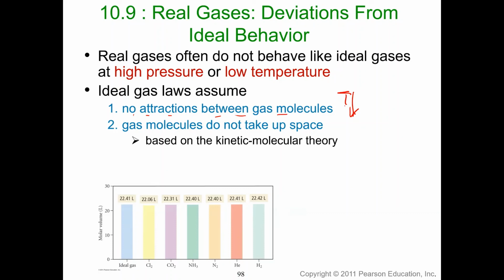And if that attraction is there, therefore the real pressure you expect to be what? Less than what? Ideal. Pressure goes down, right? Because they're attracting each other. Now, the gases typically do not take so much room, and we dismiss it. When we calculate volume, we don't take the volume of gases into account.